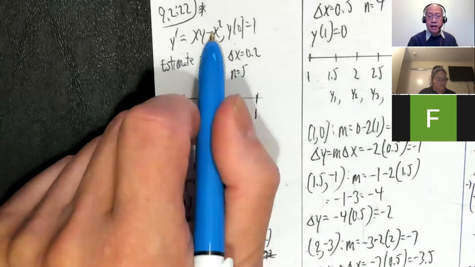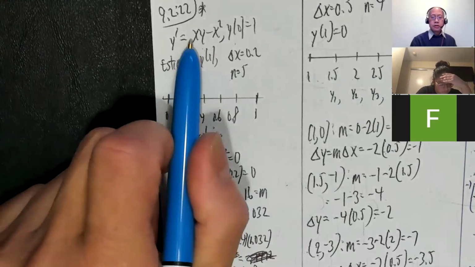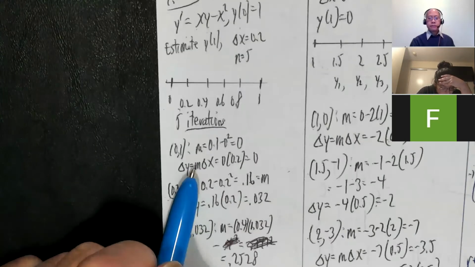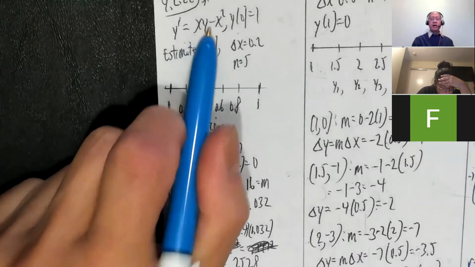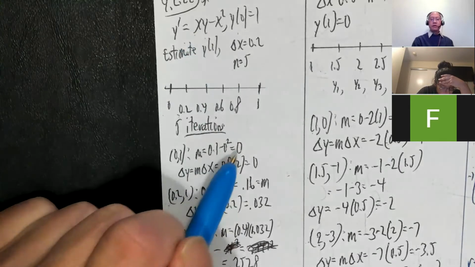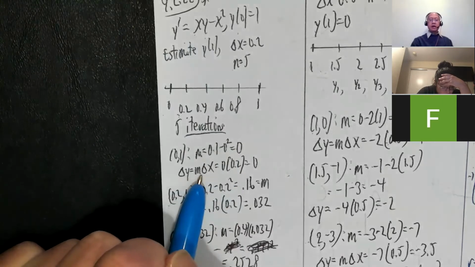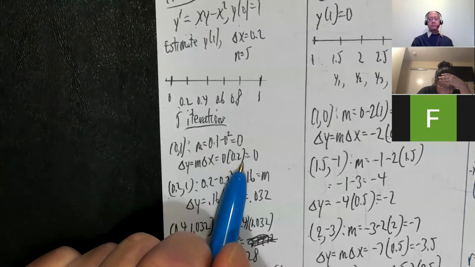Okay, so I plug in here now. So 0, 1. Put a 0 here and a 1 here and a 0 here. You get 0. So m is 0 times 1, x times y, minus x squared, 0 squared, which is 0. You can't get much better than a slope of 0. So delta y is m delta x. 0 times 0.2 is 0.